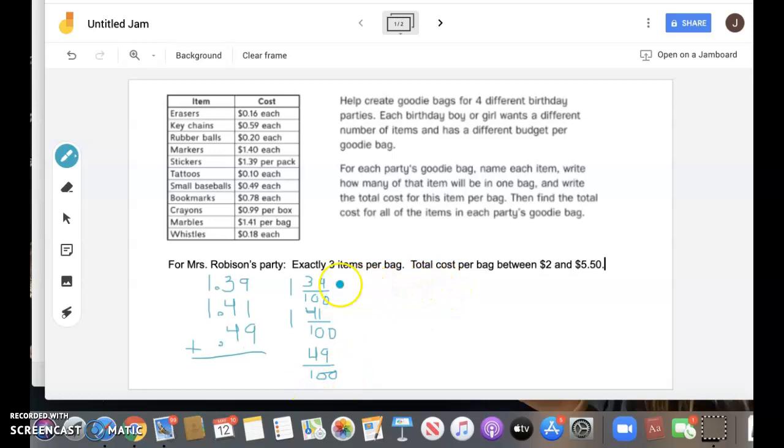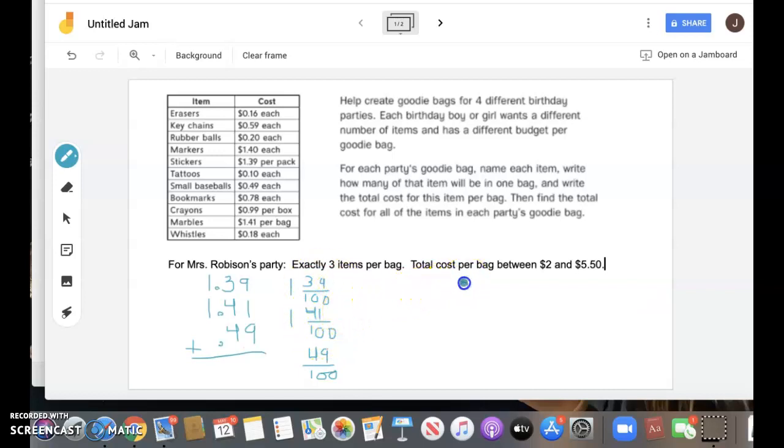So I have 39 100ths plus 41 100ths. So I know that 9 plus 1 makes 10. If I put down a 0 and I carry a 1, then I have 4 plus 3 is 7 plus 1 more is 8. So I know that these 2 fractions here, 39 100ths and 41 100ths, would make 80 100ths.